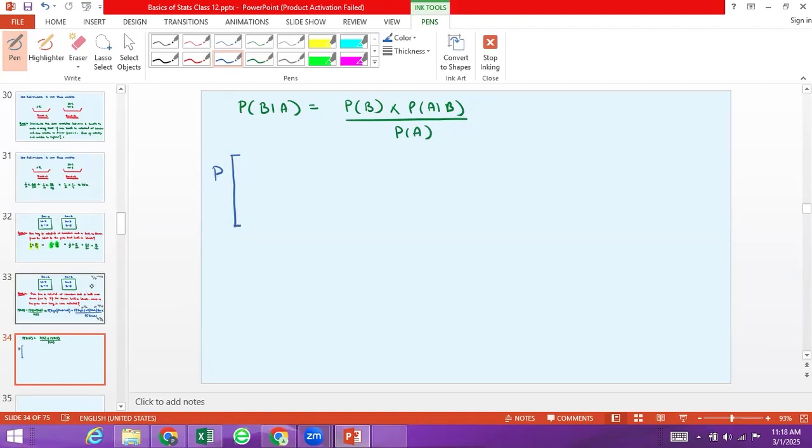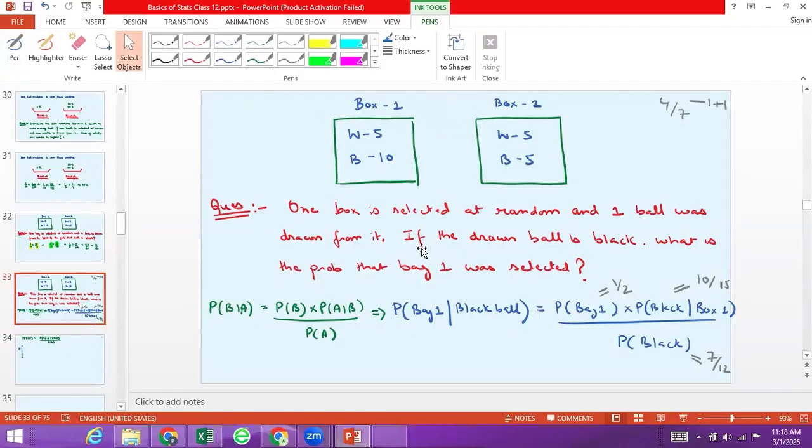Let's say what is asked in the question. If the drawn ball is black, so this is given to you that the drawn ball is black. What is the probability that bag 1 was selected?